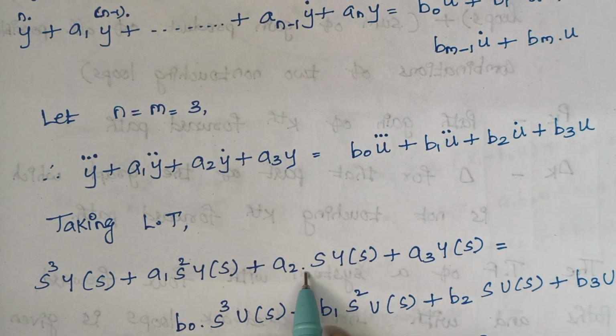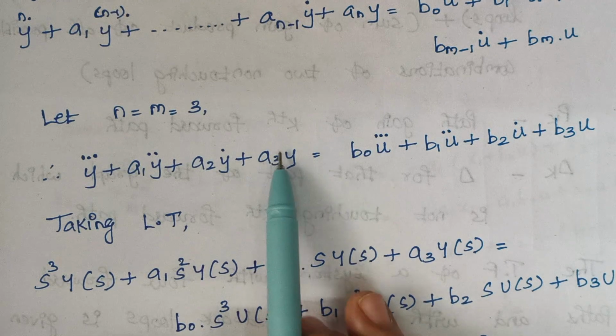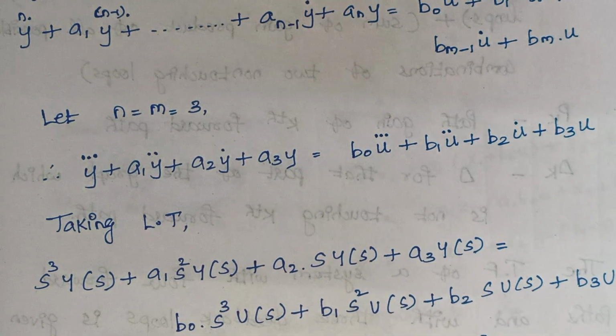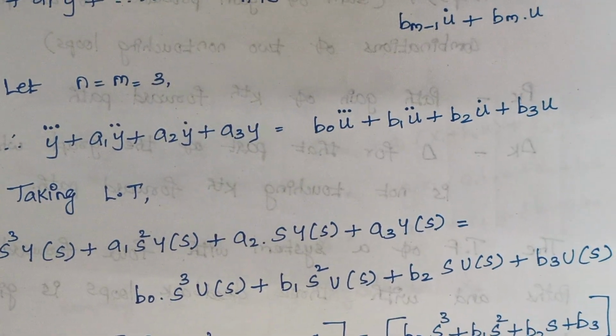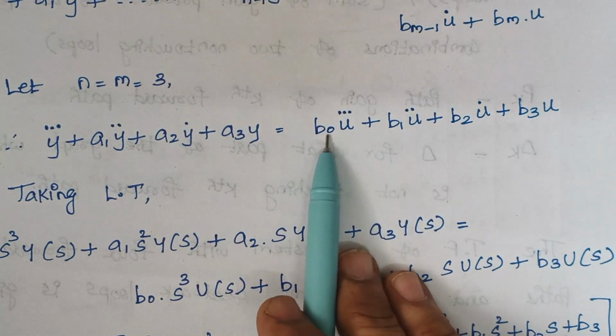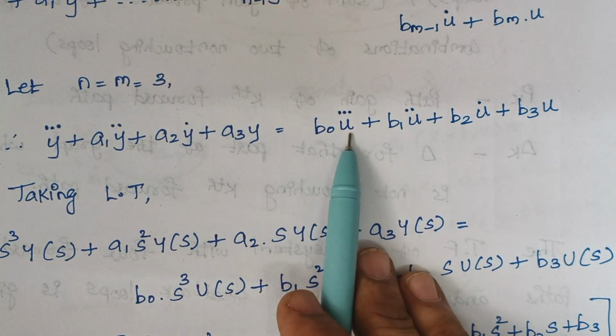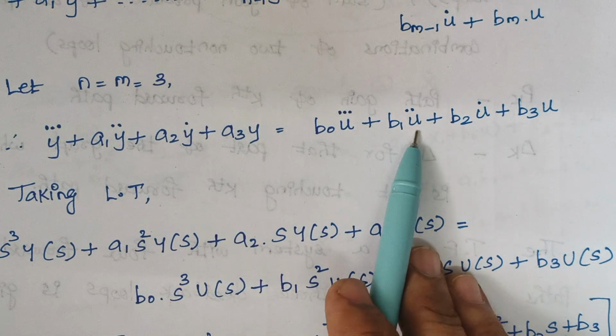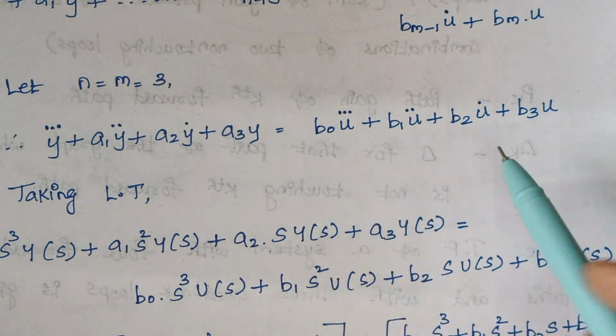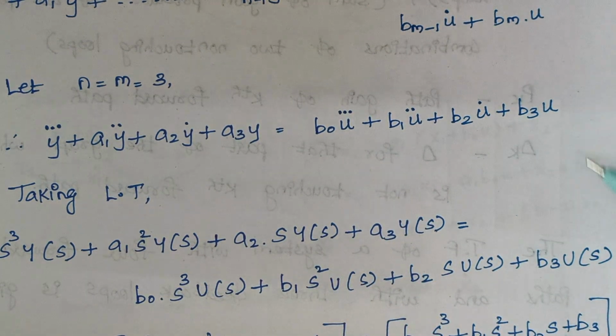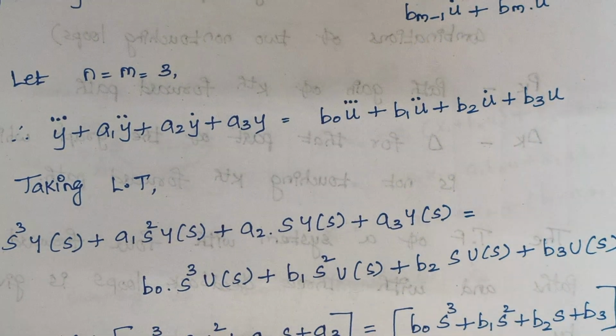Therefore, a2 into s into y of s and a3 into y of s, right? And the next thing is again b naught into s cube into u of s plus b1 into s square into u of s and b2 s into u of s and b3 u of s, right? Just we are taking Laplace transformation, that's it.